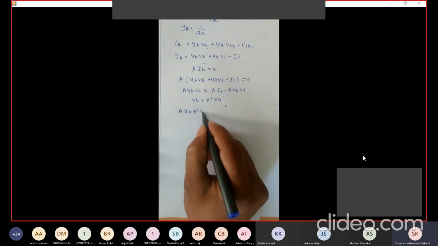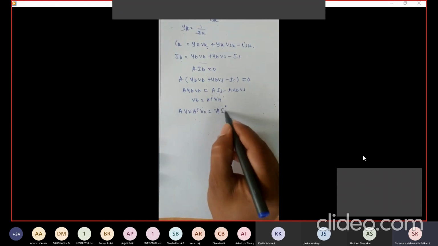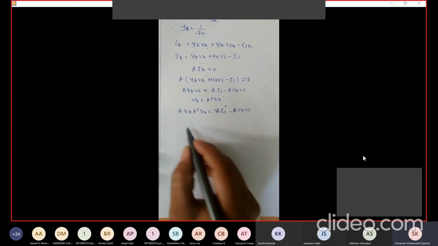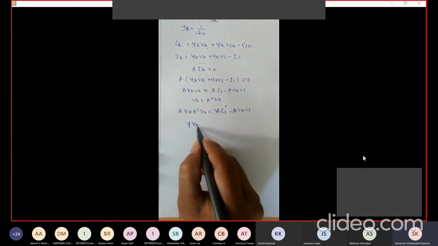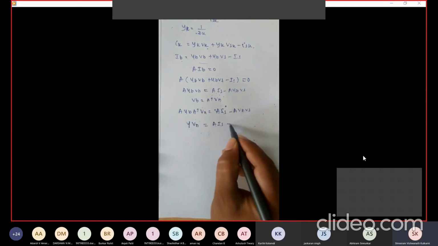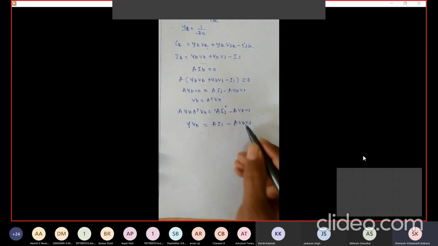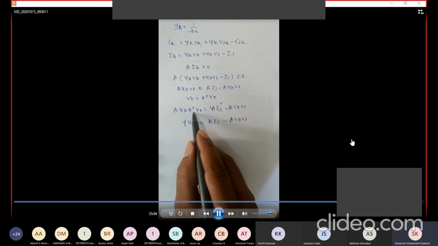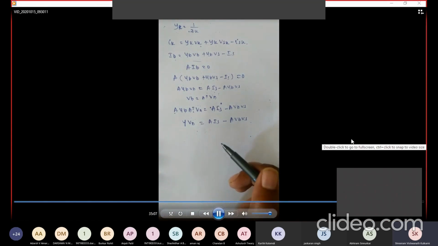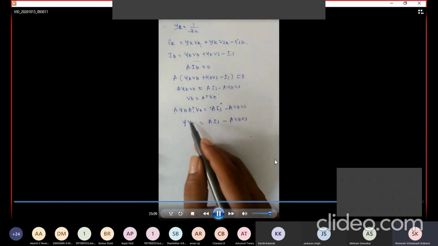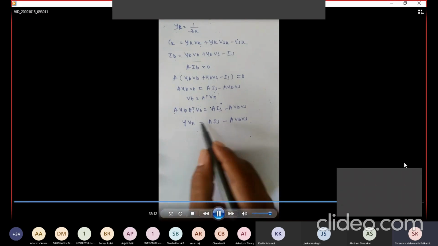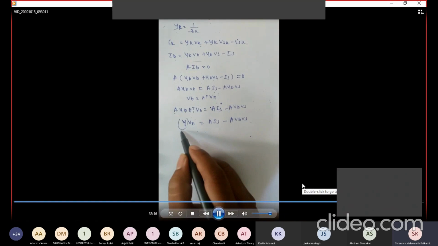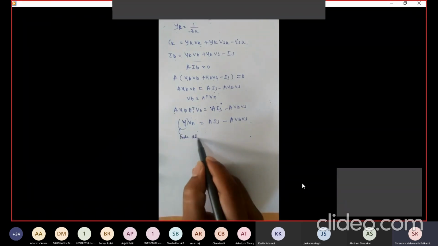If I insert this Vn, then A Is minus A Yb Vs. Then I can write Y Vn equals A Is minus A Yb Vs, where Y is A Yb A transpose, the node admittance matrix.